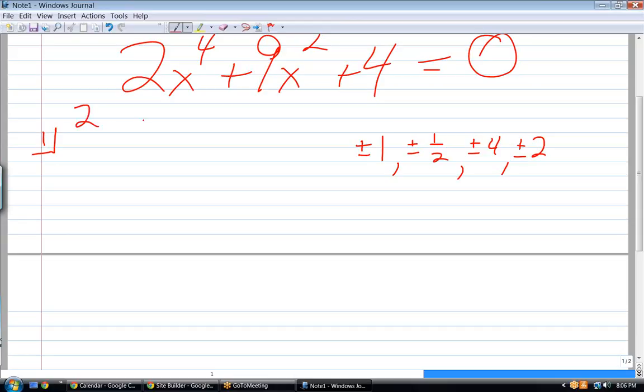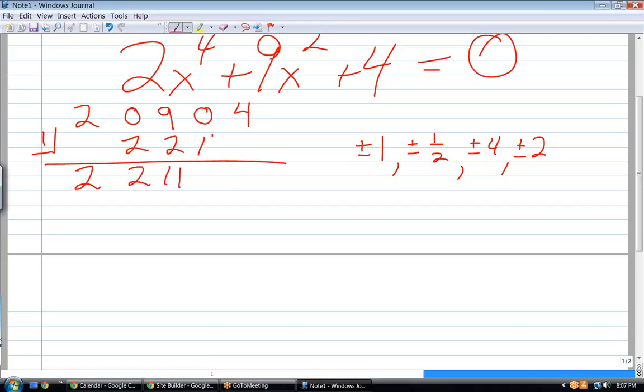What goes up across the top? 2, 0, 9, 0, and 4. Bring down the 2. No. So we can take away the plus 1 as a possibility.